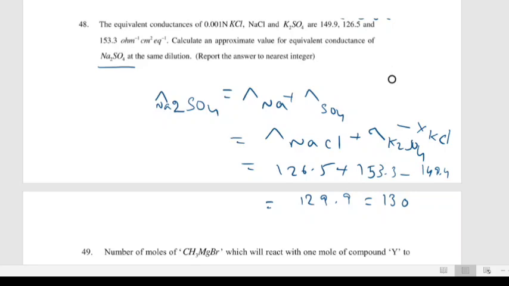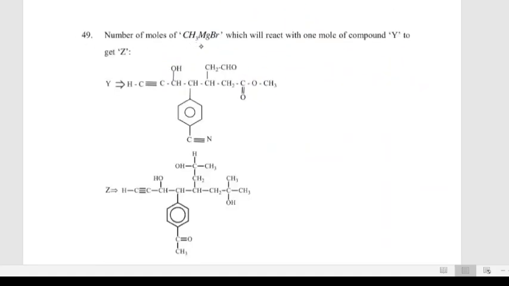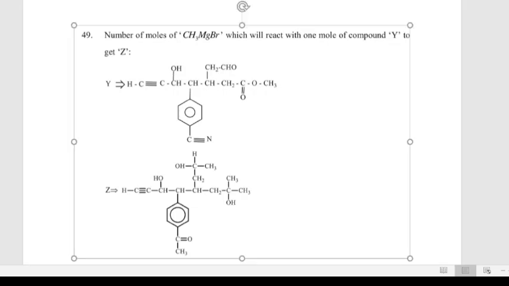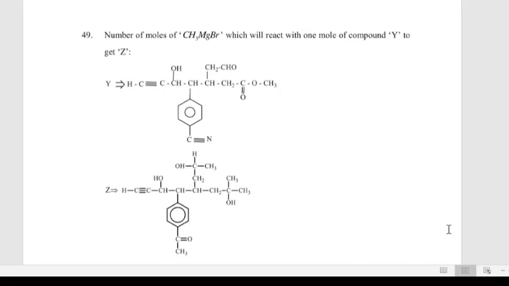Right? Next one. Number of moles of CH3MgBr which will react with 1 mole of the compound Y to get Z. Here first let us see what all changes have happened from Y to Z. Okay, so here CH triple bond C is there, no change, but this is an acidic hydrogen, terminal alkyne.